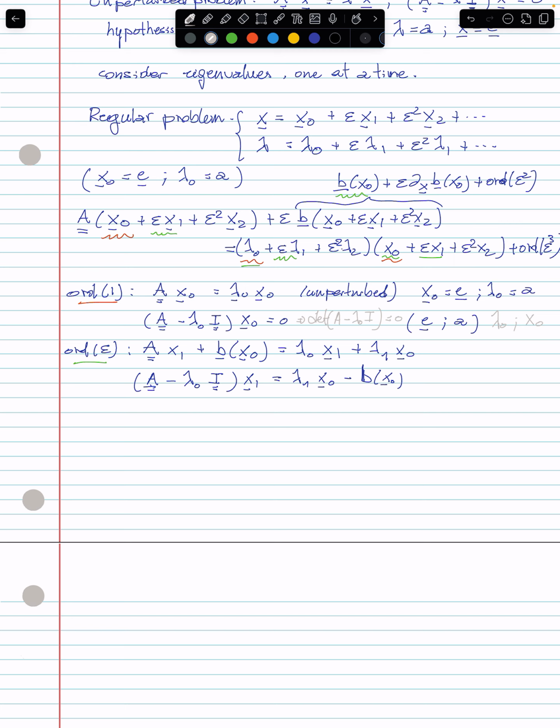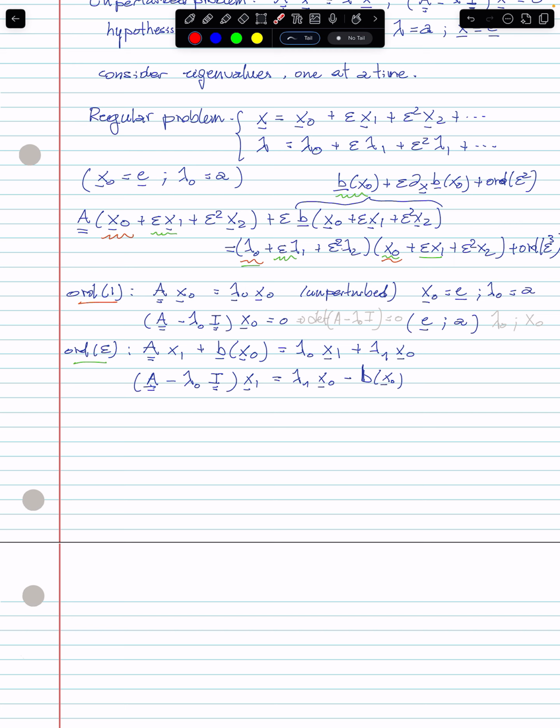So let's try to see if we can do the same here. We would need to find a way to get the expression for lambda 1. The problem now is that what we have to solve at the following order is not something that has the homogeneous form of a standard eigenvalue problem. The right-hand side is not equal to 0, so we can't really use the same techniques as those we used before, simply because there's a right-hand side.